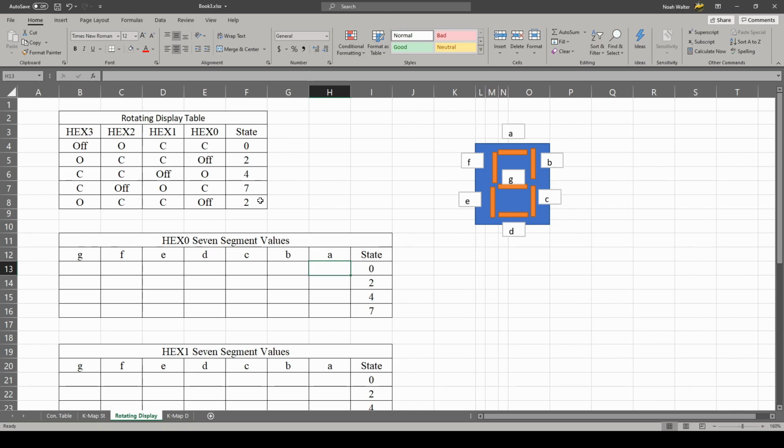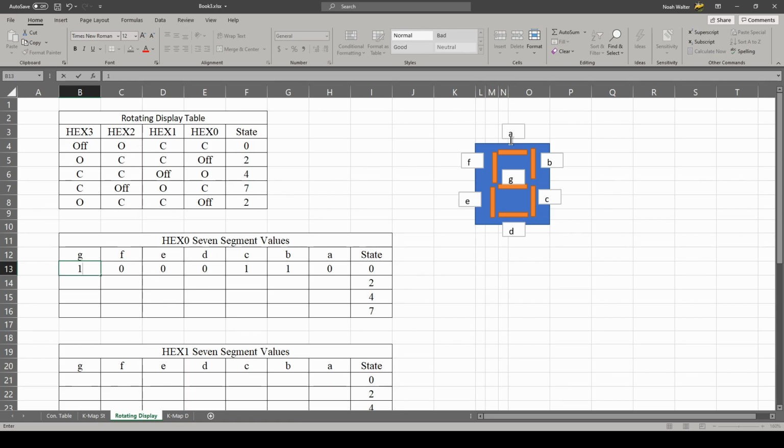First, we're trying to make a C. So A would need to be on, and this is active low, so it's 0 to turn it on. B would need to be off, so it's a 1. C would need to be off, so it's a 1. D needs to be on. E needs to be on. F needs to be on. G needs to be a 1.